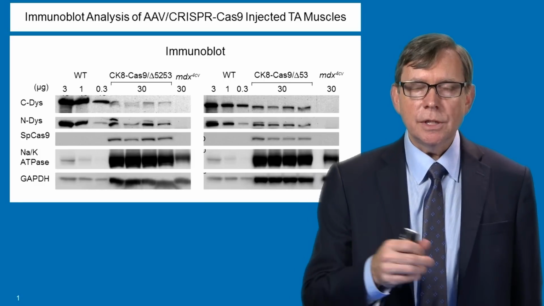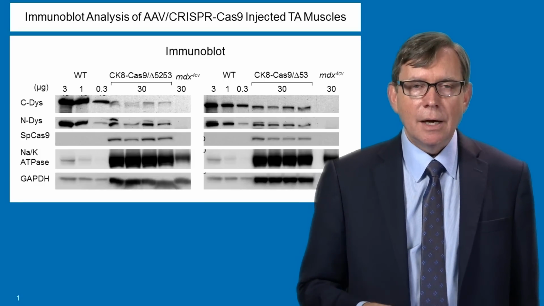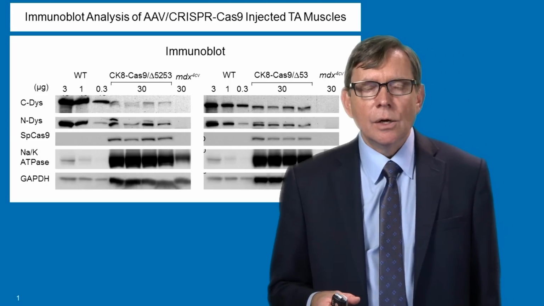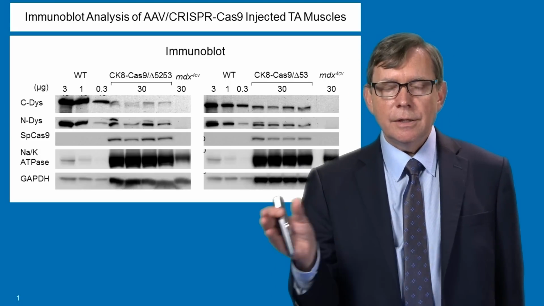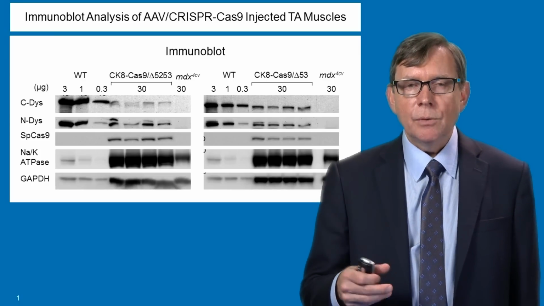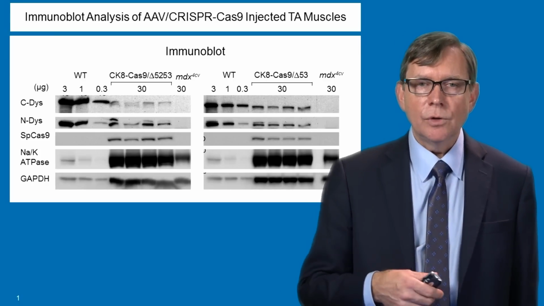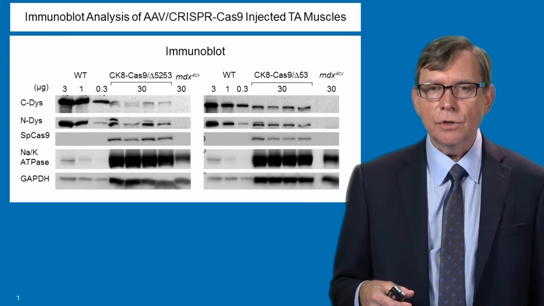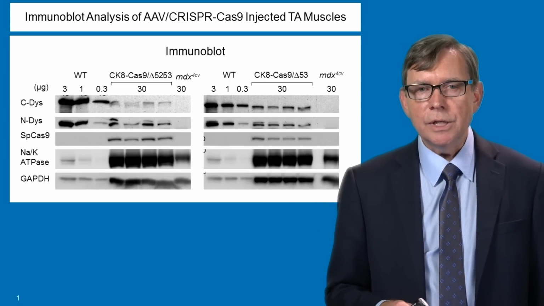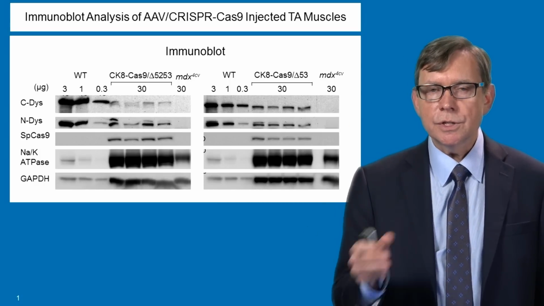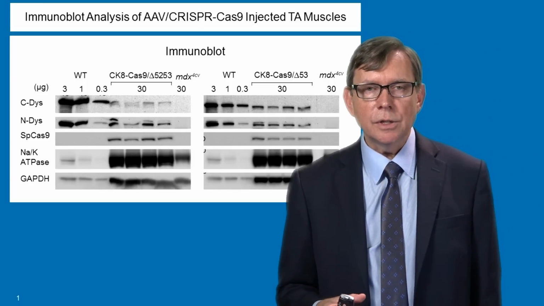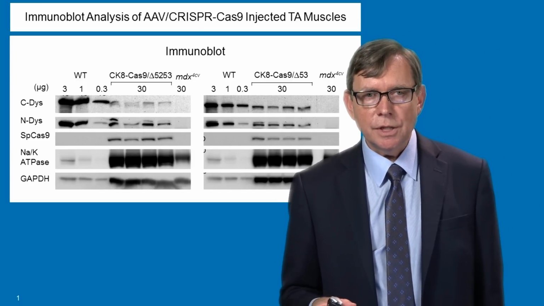And as you can see, with both approaches, following from left to right, we can see the full-length protein being made in wild-type or normal muscle, and we can also see the production of a full-length protein in the treated dystrophic animals. But in the lanes under the MDX symbol, we don't see the dystrophin protein. So this is new protein that we've generated by a targeted nuclease modification of the dystrophin gene.